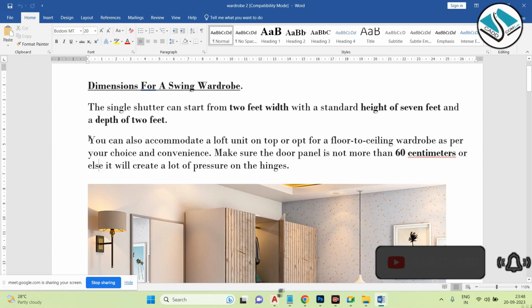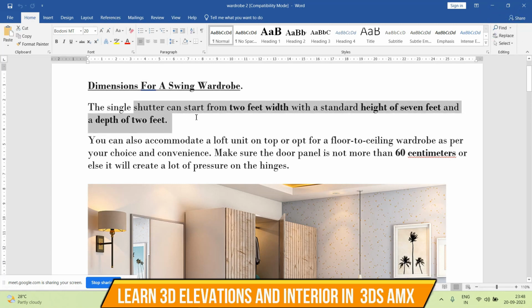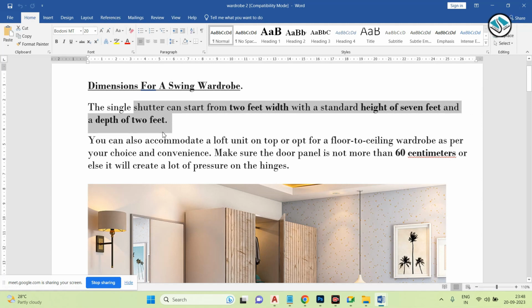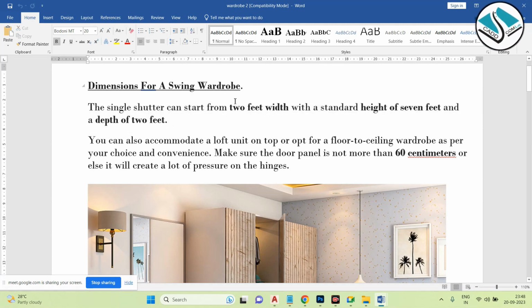You can see here the single shutter can start from 2 feet with a standard height of 7 feet and a depth of 2 feet. The point is we can mention this in any wardrobe plan. You can draw any elevation with the standard size of the wardrobe, like 2 feet width and a standard height of 7 feet.